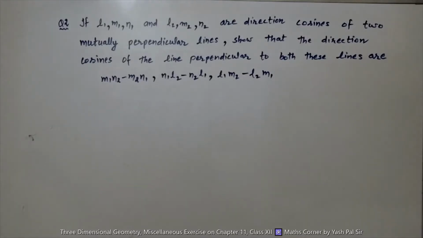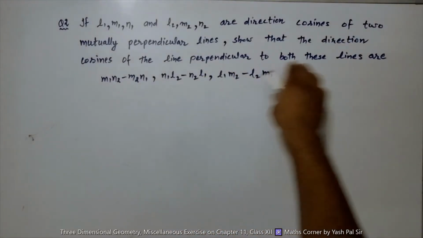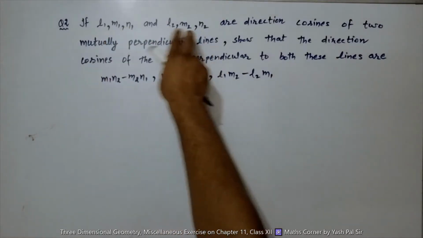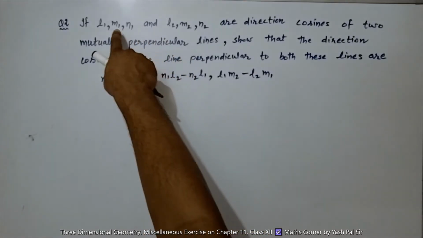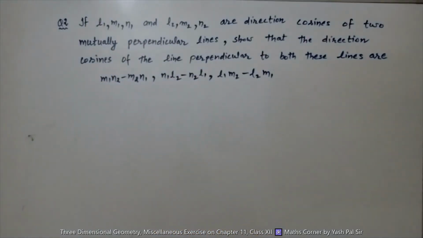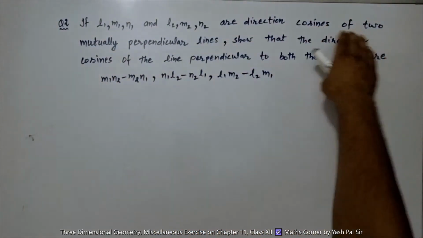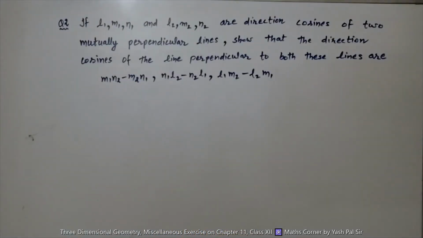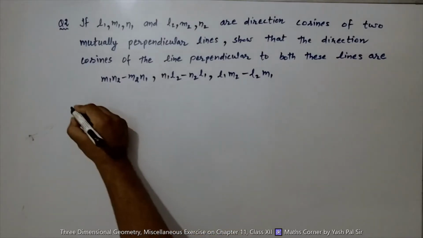So here, first of all, to find the direction cosines of any line perpendicular to the lines having direction cosines this and this, there is no need for the condition whether they are mutually perpendicular or not.